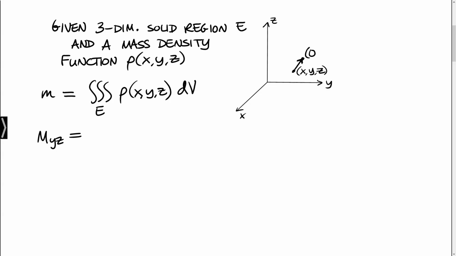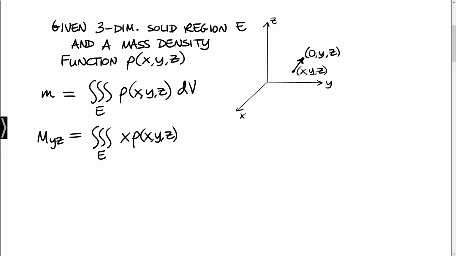That's going to have coordinates 0, y, z. And the distance then from this point xyz to the yz plane is just going to be x. So the directed distance again. So it's the signed distance. So to find the moment, we want to triple integrate over this region x times rho of xyz.